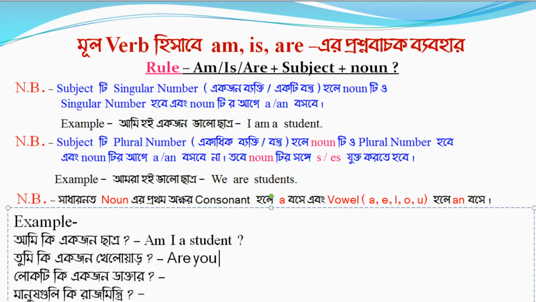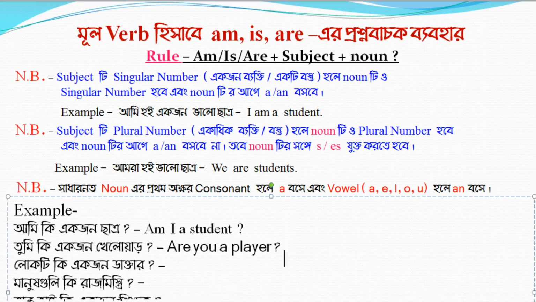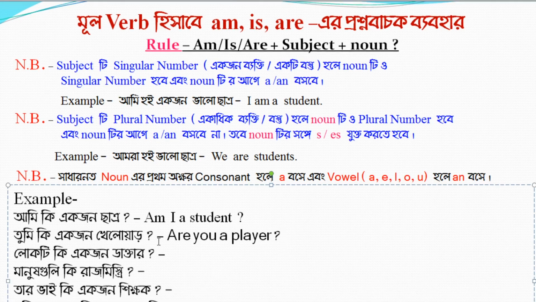How many persons? Only one, so you have to take a. Player is the word for someone who plays. Question mark. I think you got it, my dear students, or my dear friends.